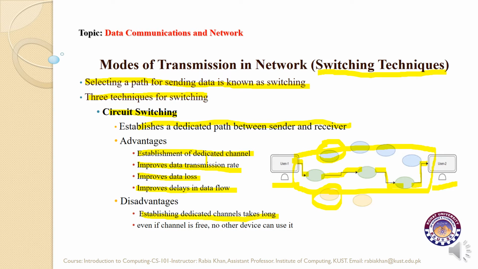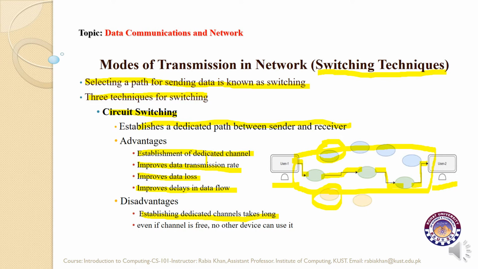So, it may happen that you are ringing your fellow and he is not picking the call. So, it may take some time to establish the dedicated channel. The other receiver may not be available or whatever the reason, but the path is not getting established. So, establishing the dedicated path may take some time.